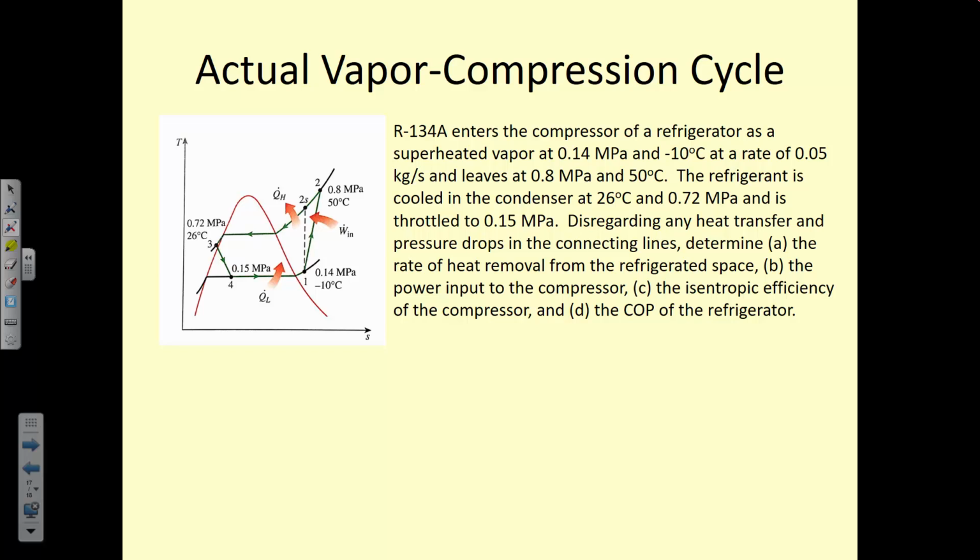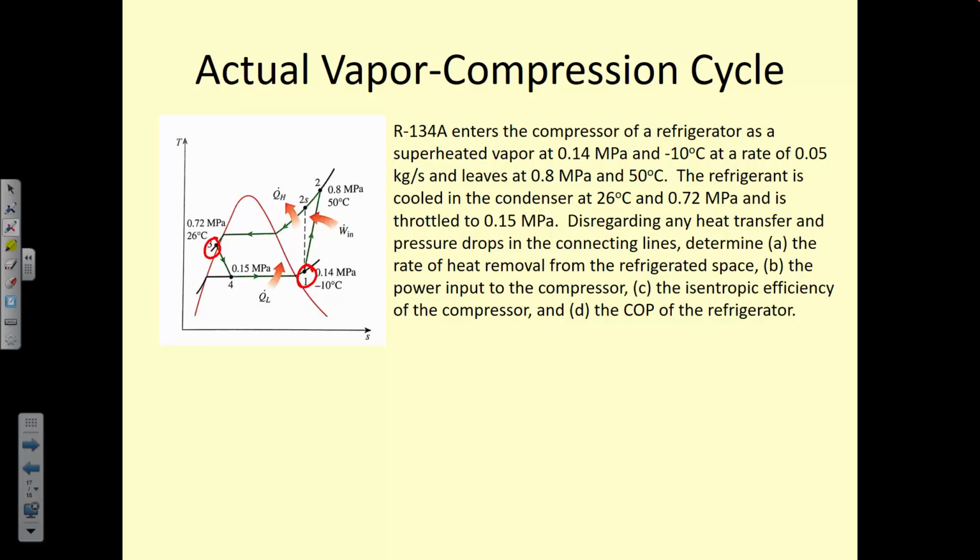So we still have 4 states, and in this case, primarily, we're looking at states 1 and 3 not being on the line specifically. So it makes it just slightly more complicated to look up property values, but that's okay because we're good at looking up property values.